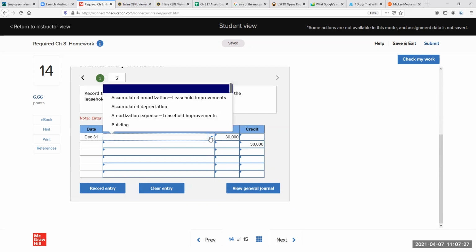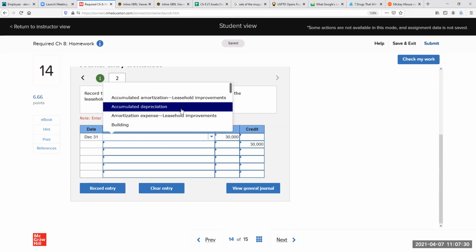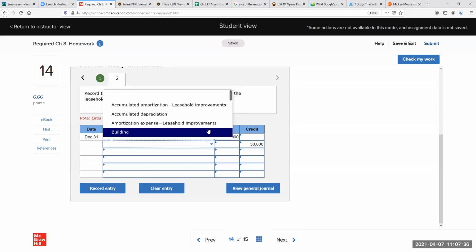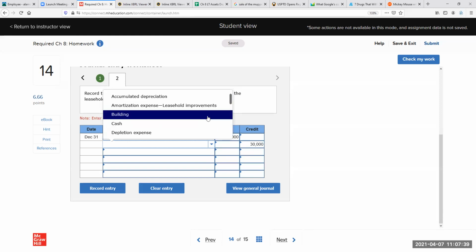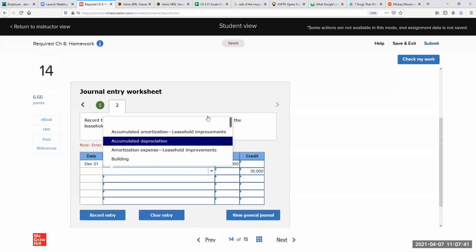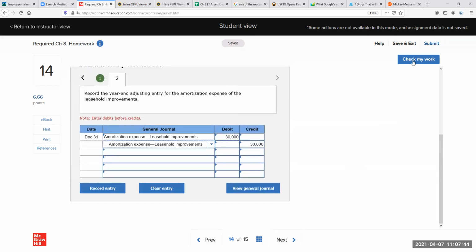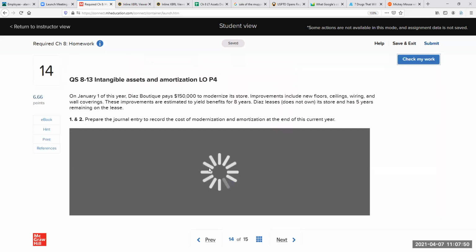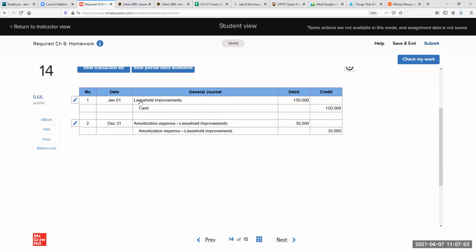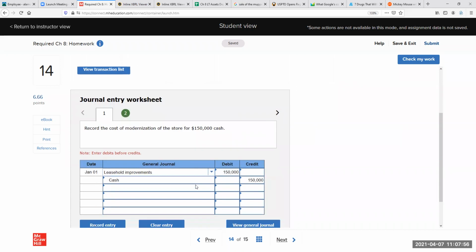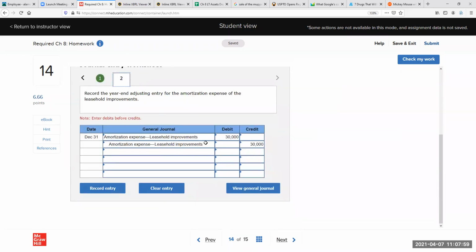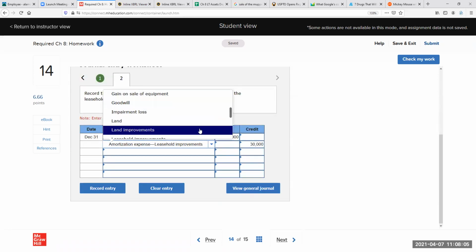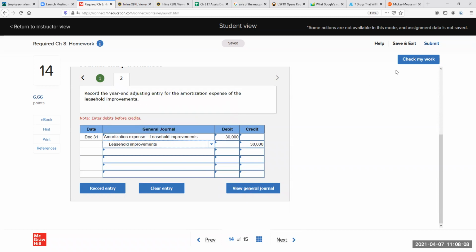So, amortization expense, and... I don't think, check here. Yeah, I didn't think you used accumulated amortization. To me, you just put the building, leasehold improvements. There we go.